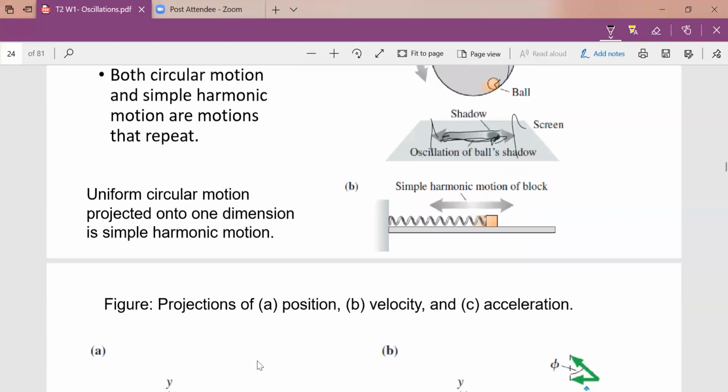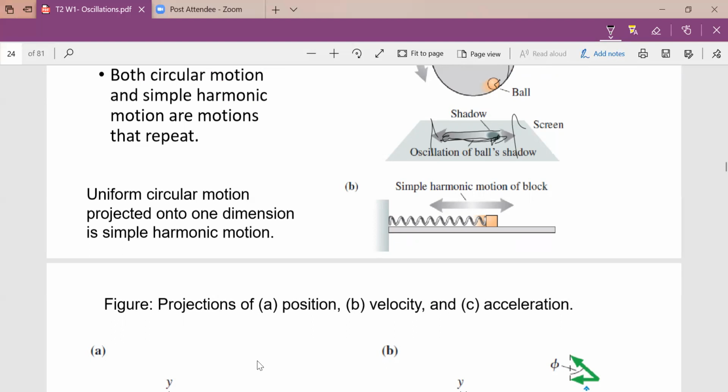Okay. So both circular motion and simple harmonic motion are motions that repeat themselves. So we can say there are some circular motions that are actually simple harmonic motion. So the uniform circular motion projects onto one dimension in simple harmonic motion.